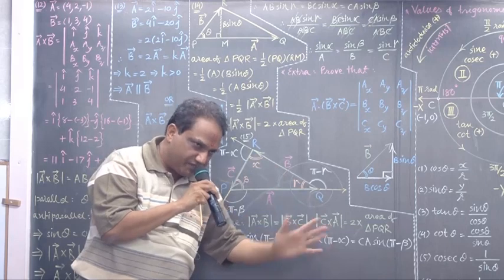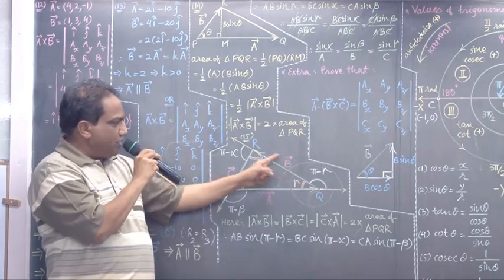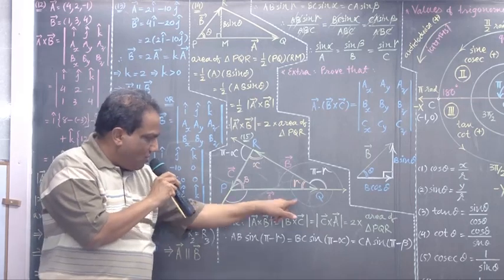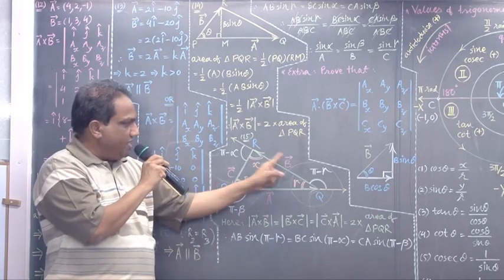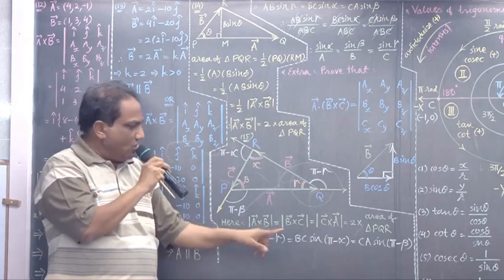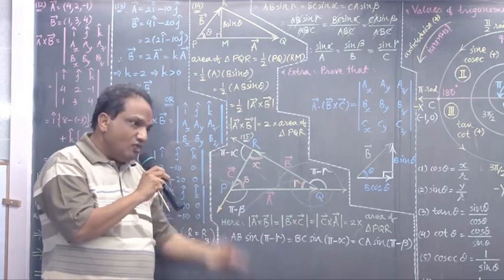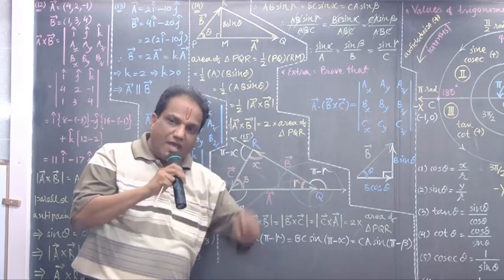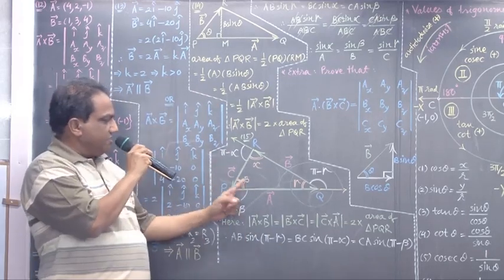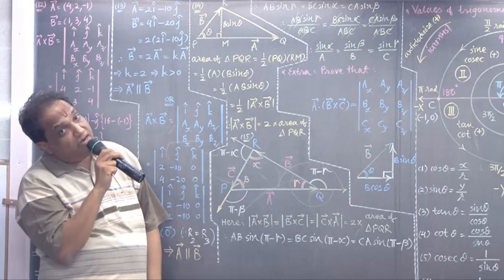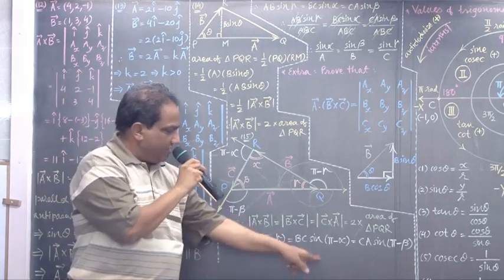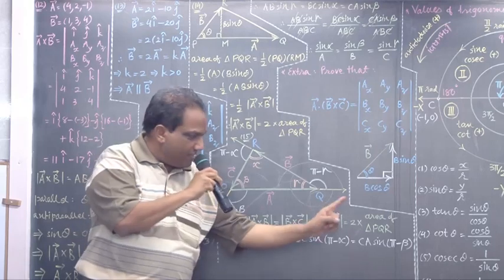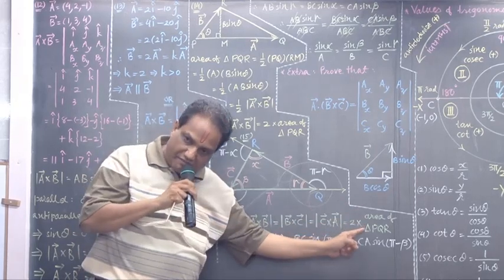So if somebody takes these two as adjacent sides, then the magnitude of vector B cross vector C will also be double the area of the same triangle. And if somebody takes these two as sides, then the magnitude of vector C cross vector A will also be double the area of the same triangle.